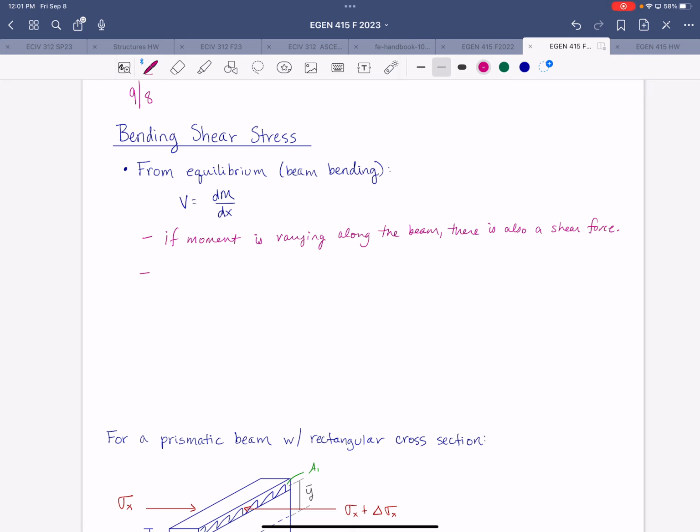On the flip side, if the moment is constant along the length of the beam and doesn't vary, then the shear is 0.